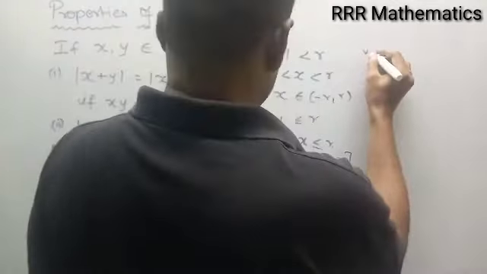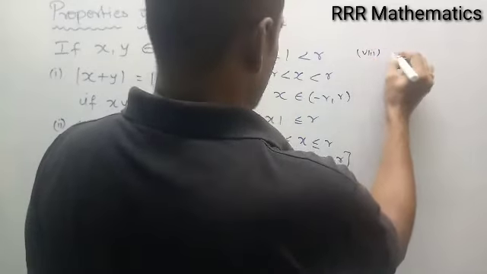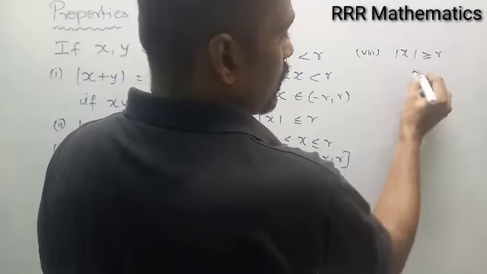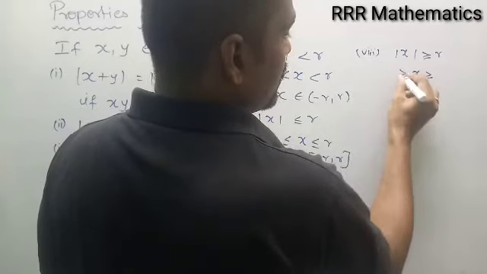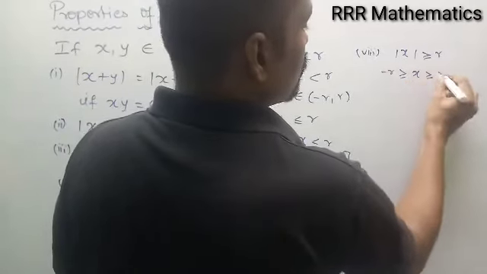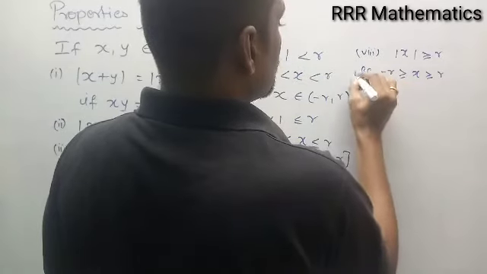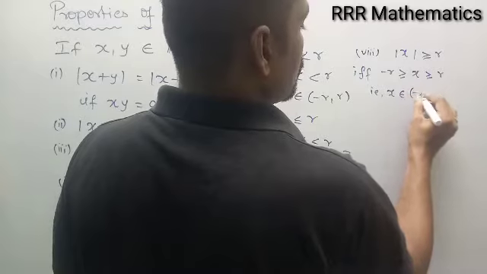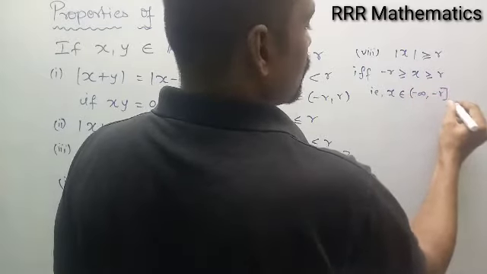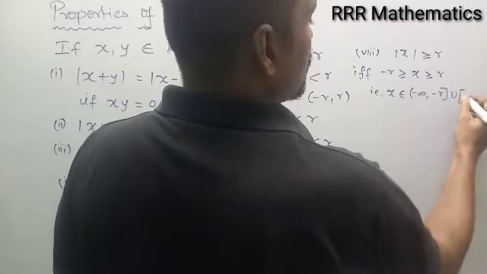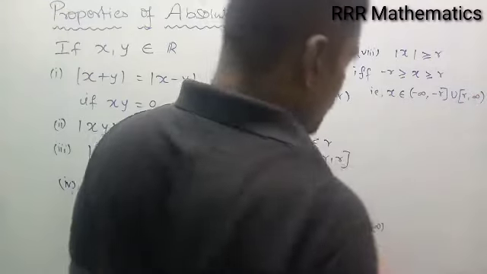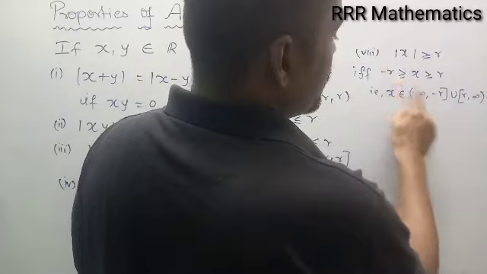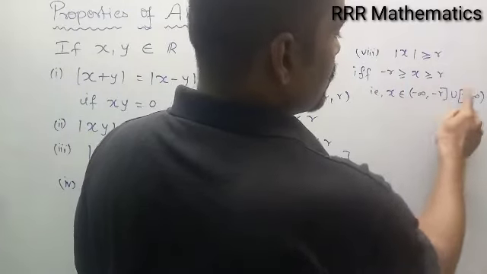Suppose mod x greater than or equal to r, same modulus inside the x, same sign, minus to plus. That is your x belongs to minus infinity comma minus r closed interval and plus r comma infinity. Infinities are always open. Minus r with equal sign, so closed interval, plus r with equal sign, closed interval.